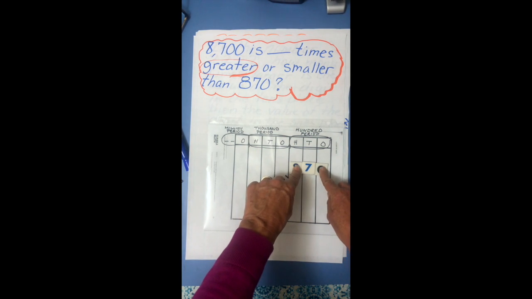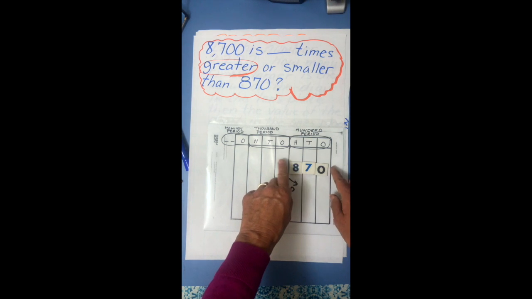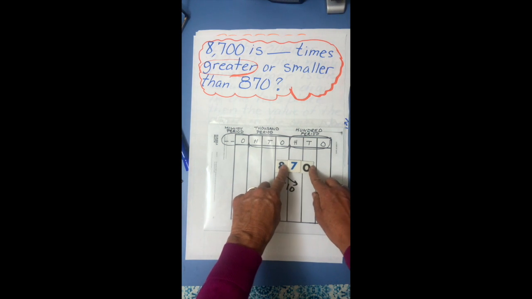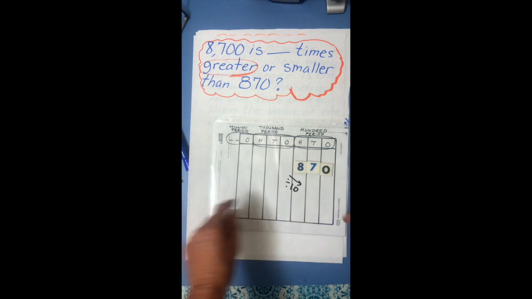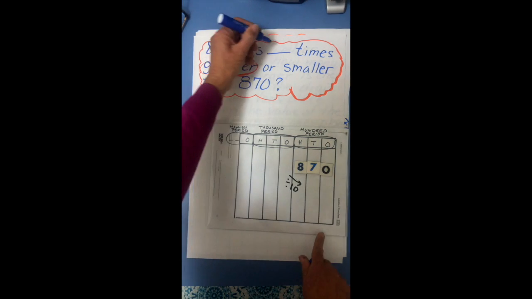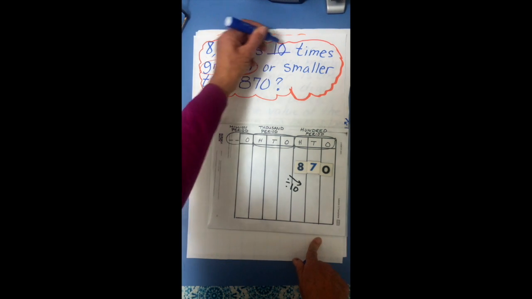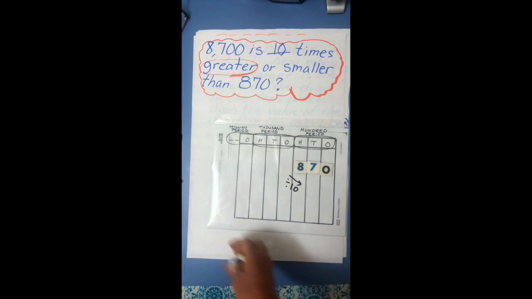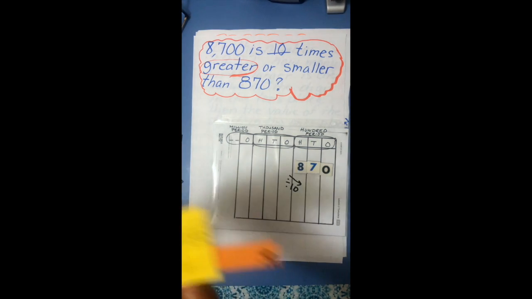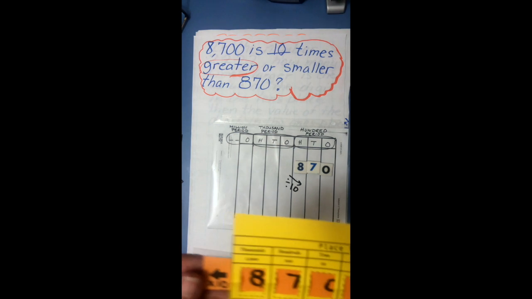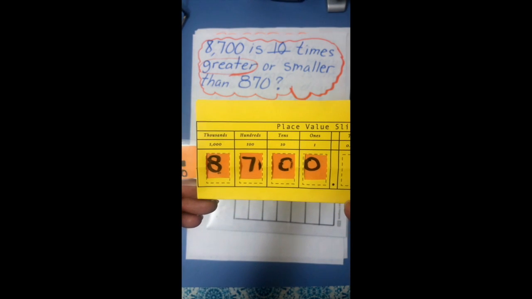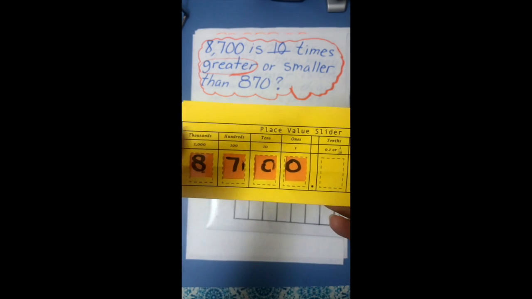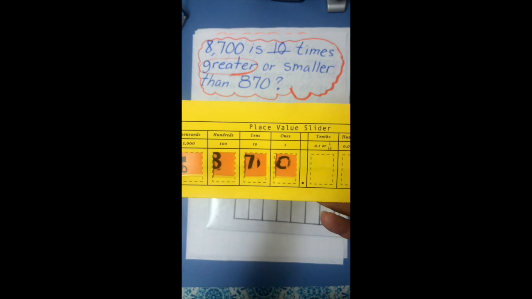To make 870 into 8,700, I'd have to multiply by 10. So this is definitely 10 times greater than 870. And we can double check that on here. If we take 8,700 and our slider, we're definitely moving that this way.